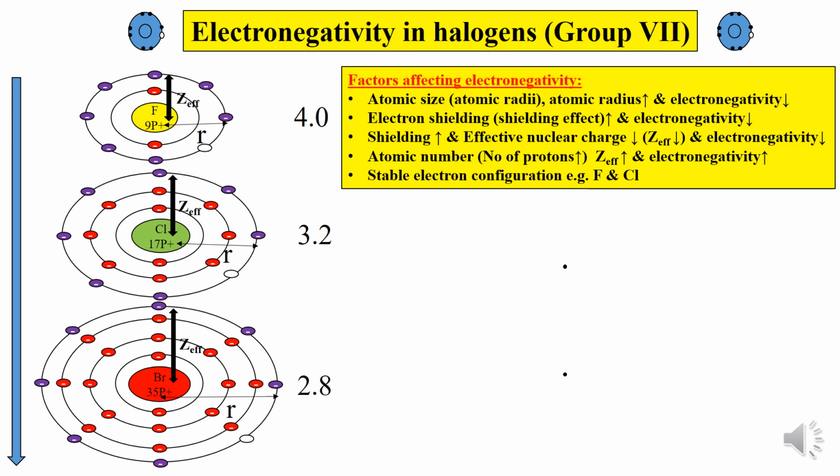And the most important factor affecting the electronegativity is the stable electron configuration. So we know that halogens have only 7 valence electrons in their outermost valence shell, and they need to gain an electron in order to complete the outermost shell to achieve a full octet.